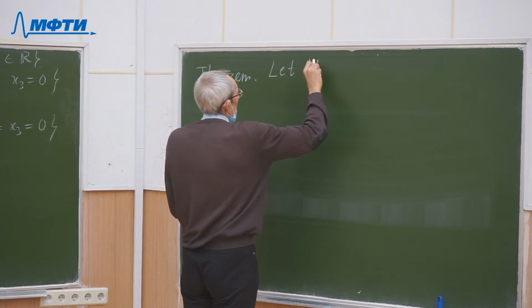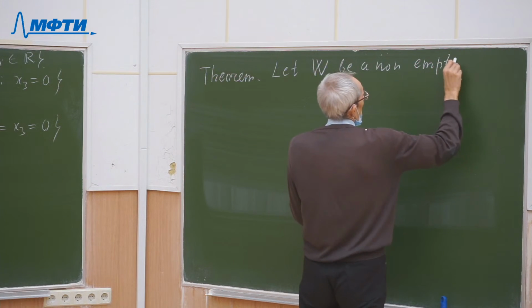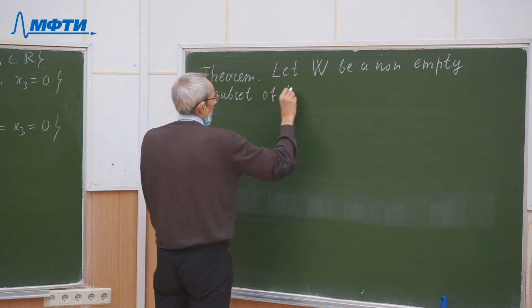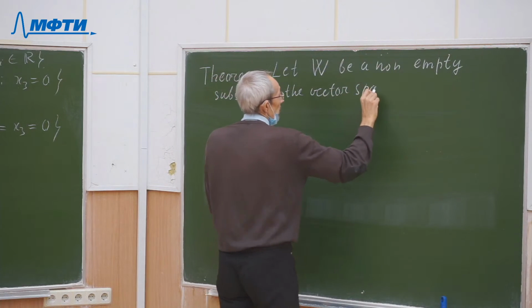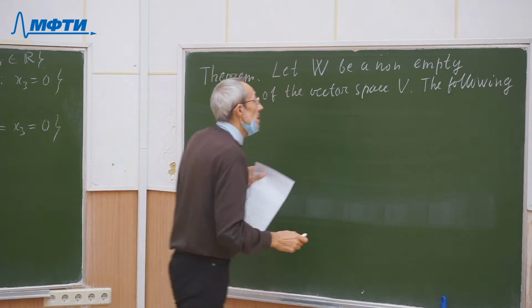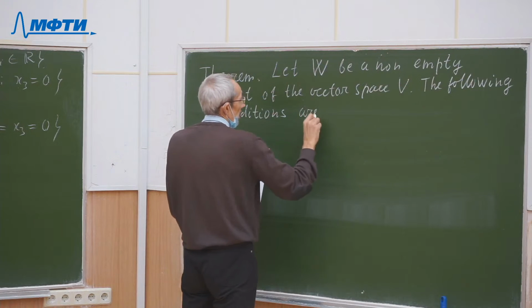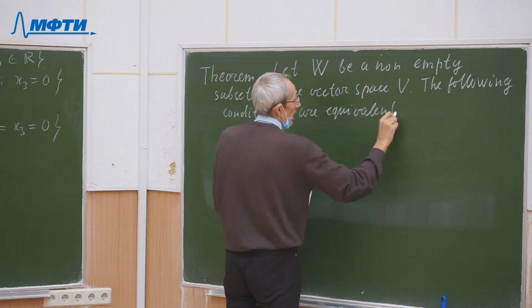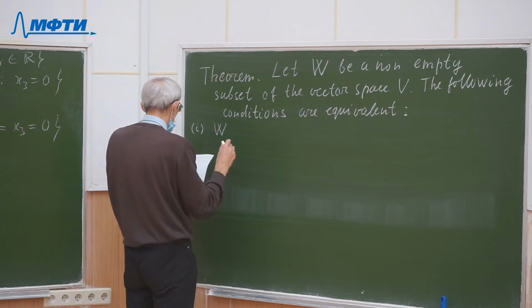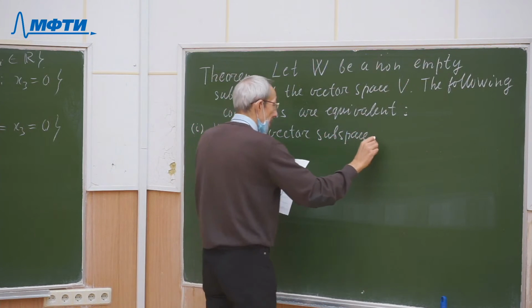Let W be a non-empty subset of the vector space V. The following conditions are equivalent. First, W is a vector subspace of V.